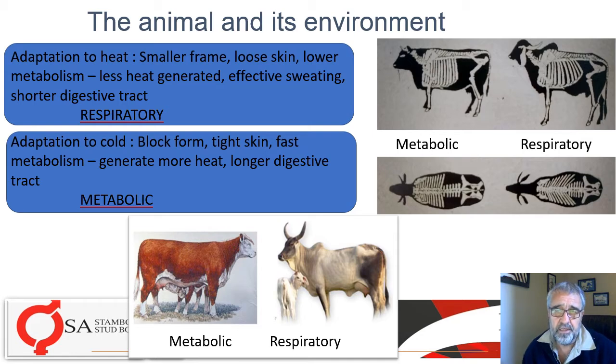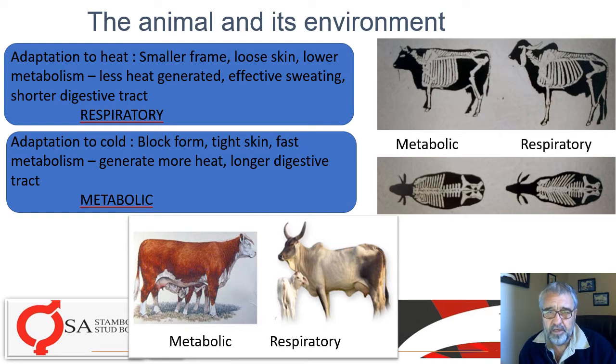Now, obviously, the two extremes are being mentioned here, but there's also everything in between. So if one just looks at the extremes, the respiratory type, the cattle that are better adapted to subtropical environments and better adapted to heat, they're usually smaller framed, they usually have a looser skin to get rid of the excess heat.